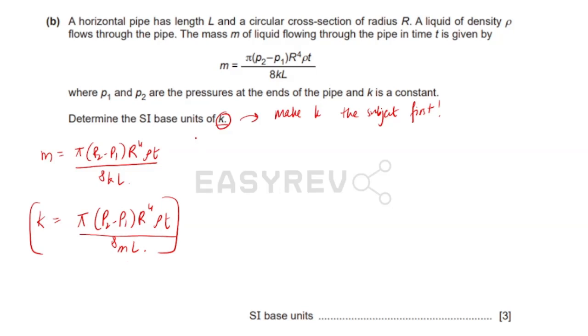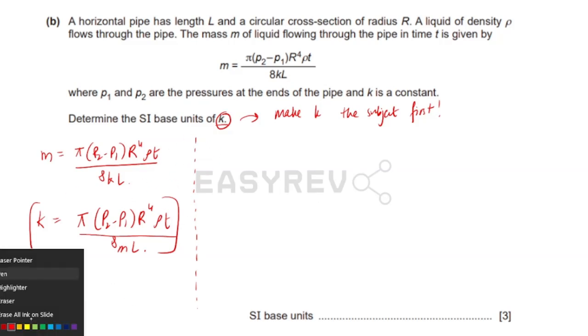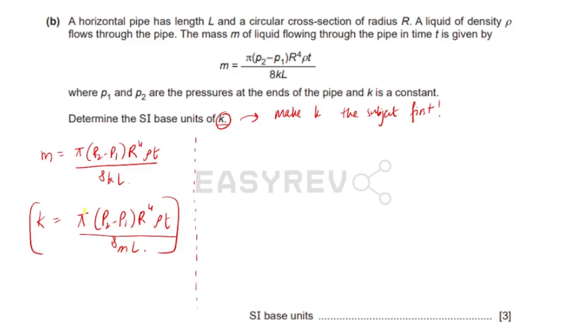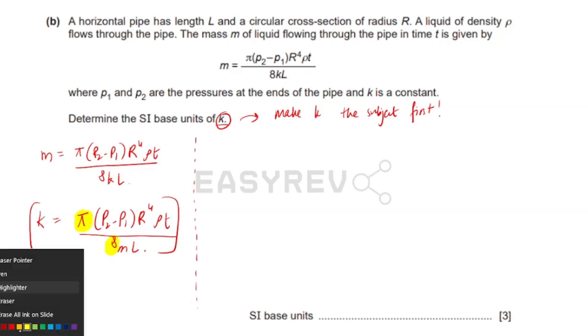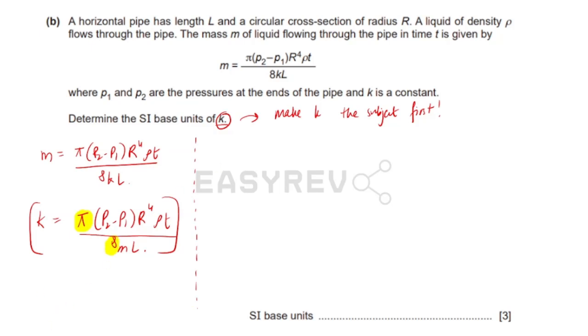Now I have to take this formula and simplify the SI units wherever I can. It helps to write out each term's units separately before plugging them into our equation. First things first, we can definitely ignore things like pi and the constant 8, because they're simply constants and constants are unitless.